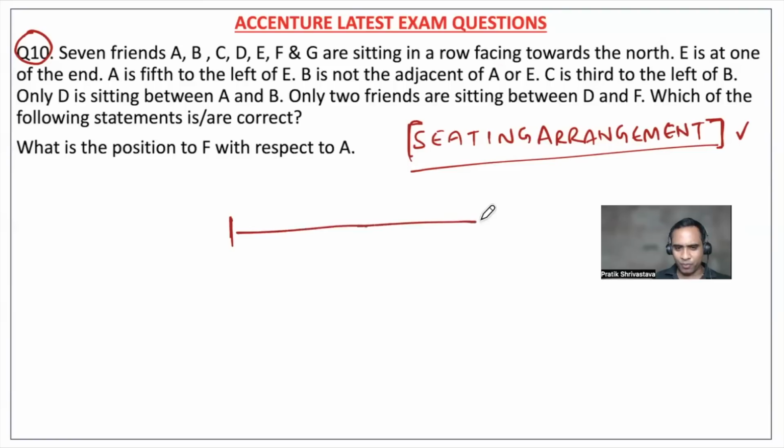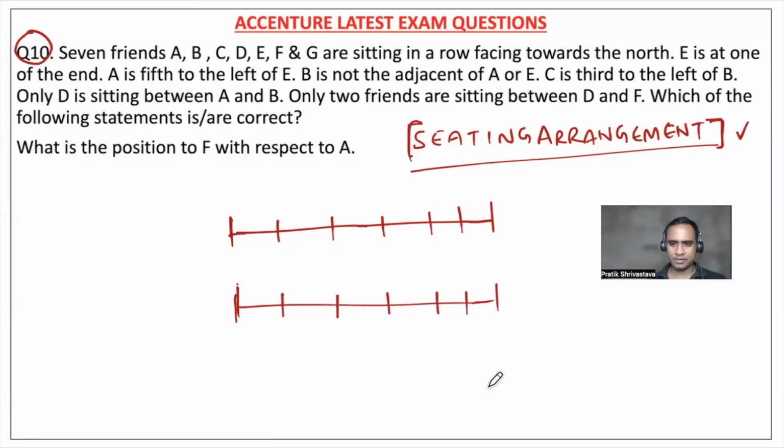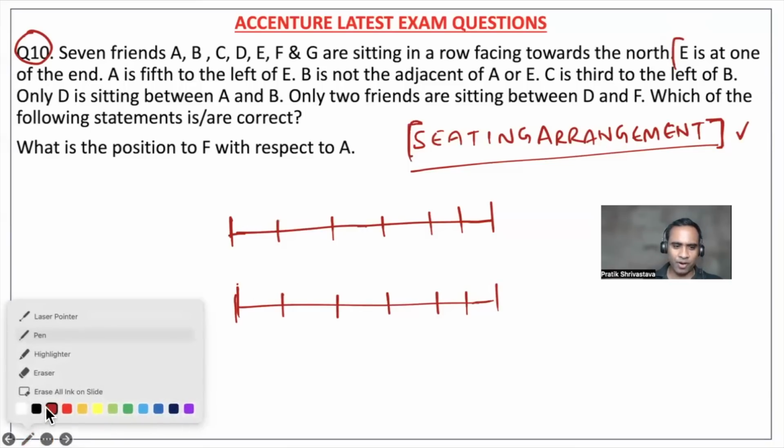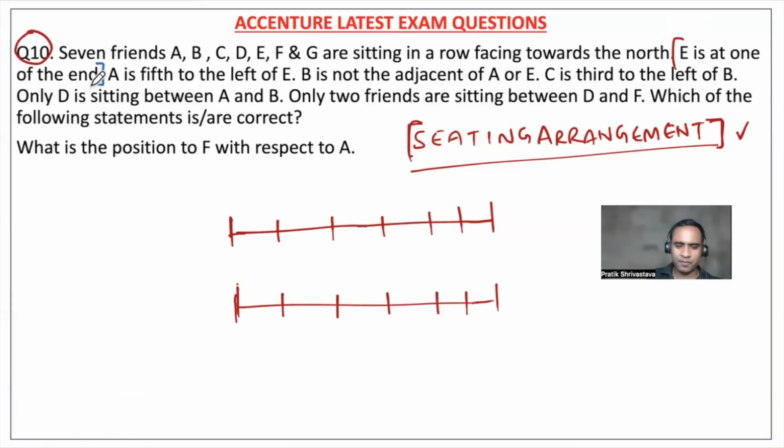So what I have told you in my previous videos, my dear friends, just make 2 particular arrangements. Why? Because see what happens when you make only one, then when you try to place it, things will get messed up. You do not have to do that. Okay. Next, E is at one of the ends.